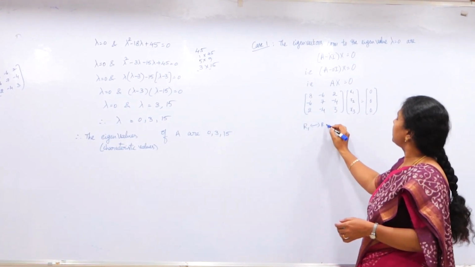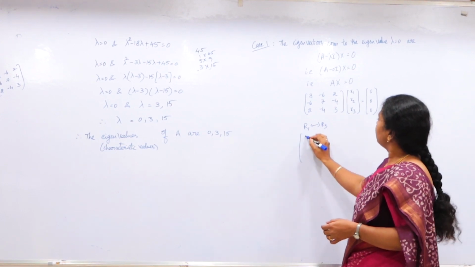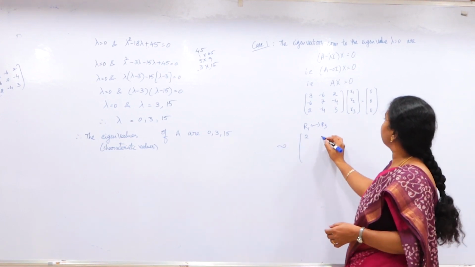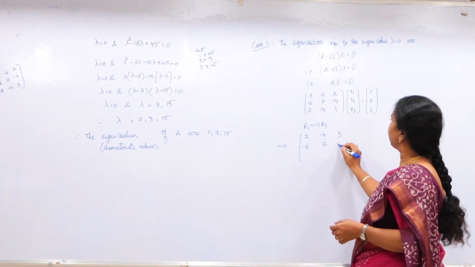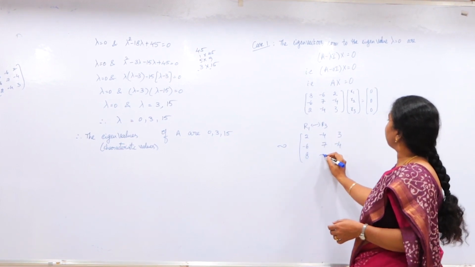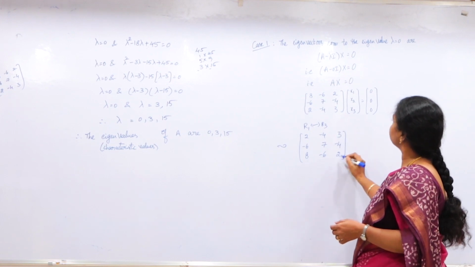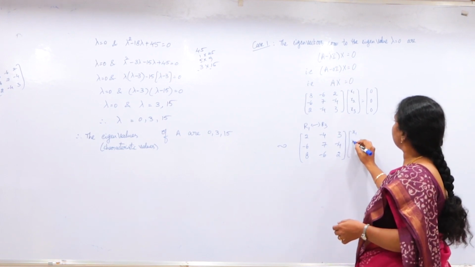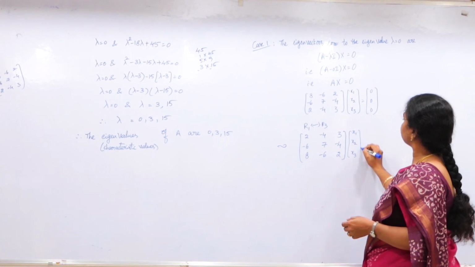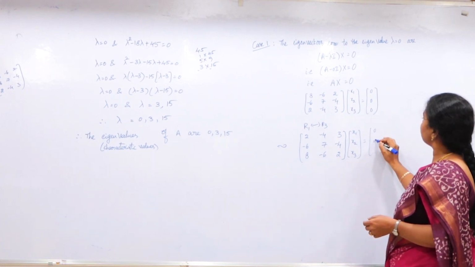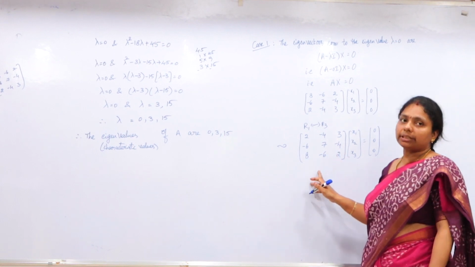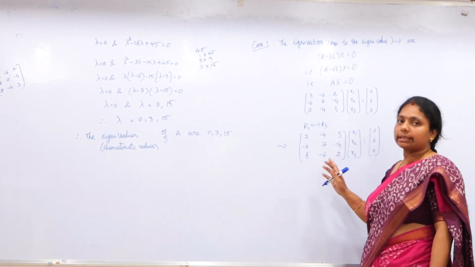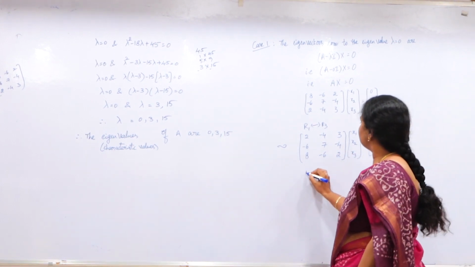R1 interchange R3. So the equivalent matrix is 2 minus 4 3, minus 6 7 minus 4, 8 minus 6 2, times x1 x2 x3 equal to 0 0 0. Next, by using row operations, we will change this matrix into echelon form.